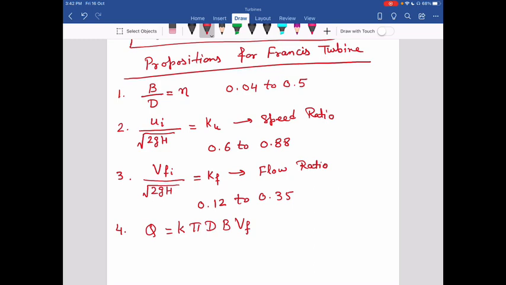We call k the ratio of actual flow area to the total area.